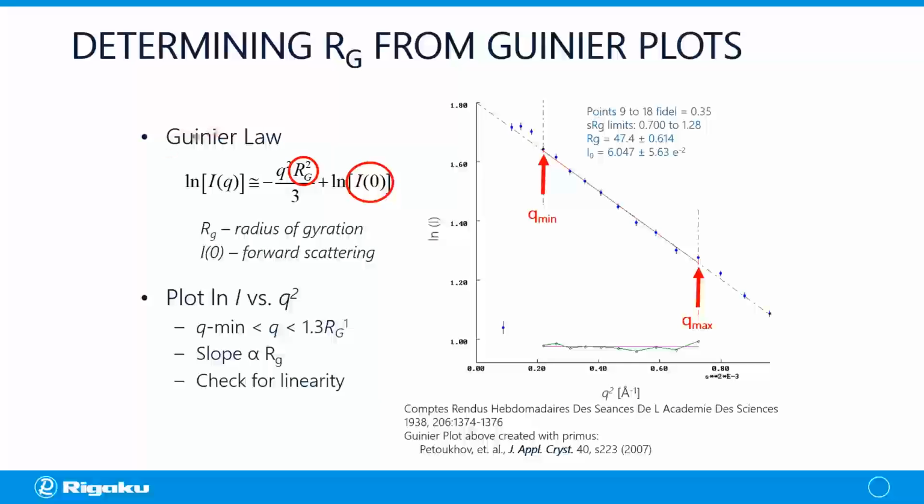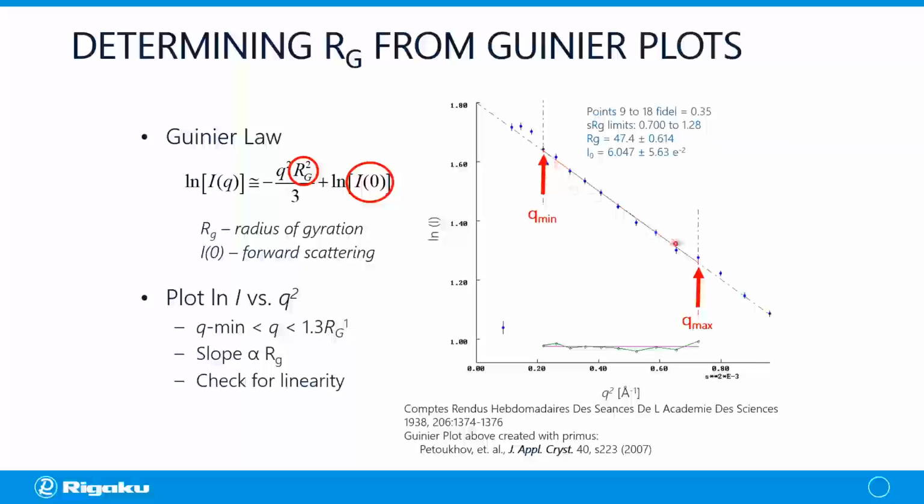And Guinier in the 30s came up with this law during his graduate work that says the natural log of the intensity is roughly equal to Q squared times Rg squared over 3 plus the natural log of the intensity at 0 scattering angle. And of course, this looks like y equals mx plus b.